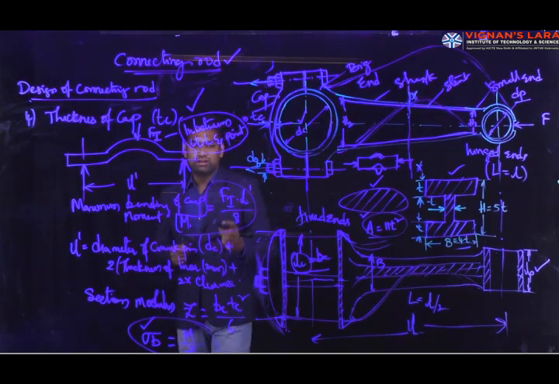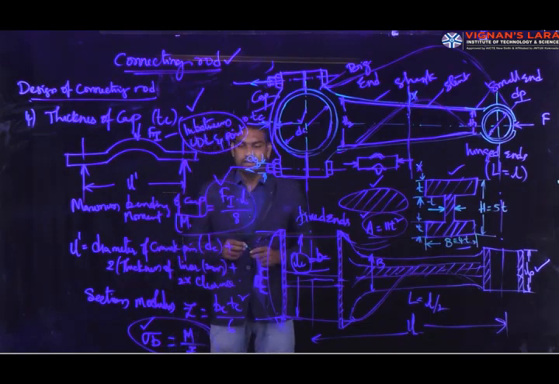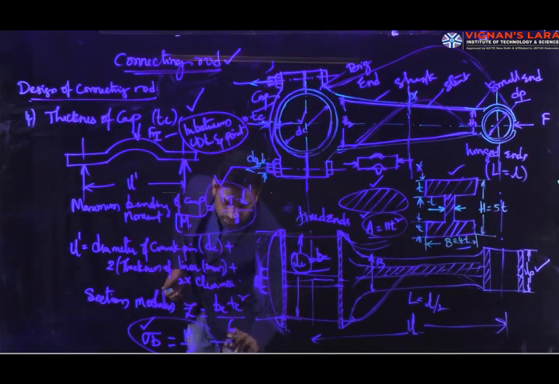Using that we calculate the maximum bending moment, Fi L dash by 8, and the section modulus of the rectangular plate, BC into TC square by 6. Using the permissible bending stress of the cap material, sigma B is given by M by Z. From that we can calculate the dimension of the cap, TC.